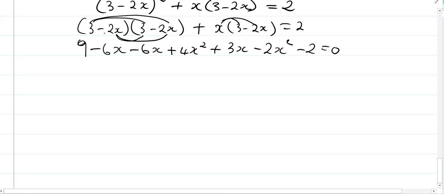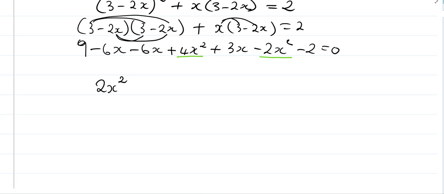From here, I deal with the like terms. So now let us highlight our like terms. 4x squared goes hand in hand with minus 2x squared. So I add them. 4x squared minus 2x squared gives me 2x squared. Another like terms that we have there: minus 6x, minus 6x, plus 3x.